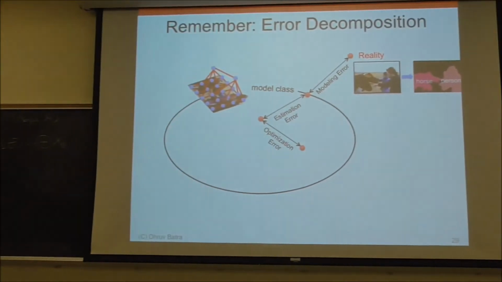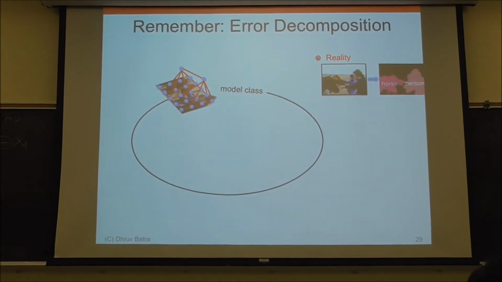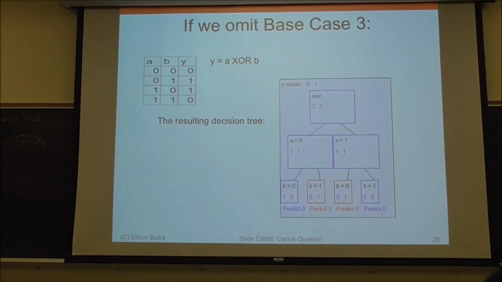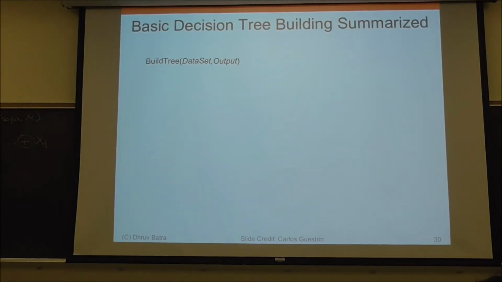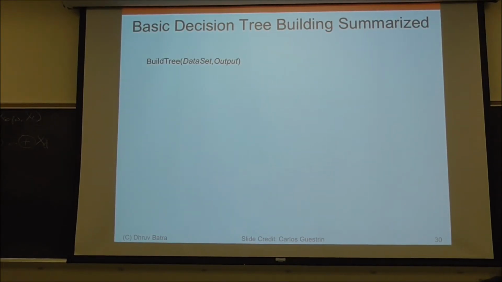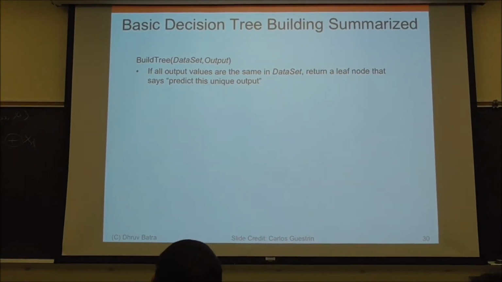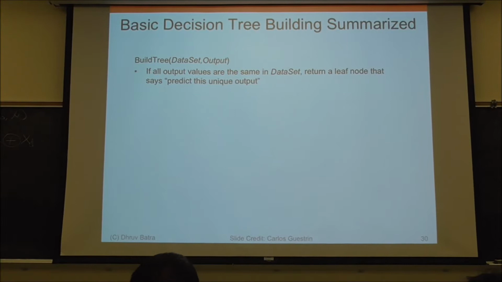Okay. Let's see if there's anything else here. Okay. So if you had to give pseudocode for what to implement, here's what a decision tree pseudocode roughly looks like. Here's build tree with this data set and a particular output that's given to you.